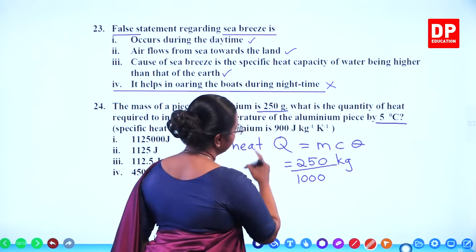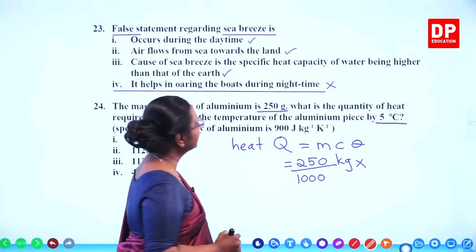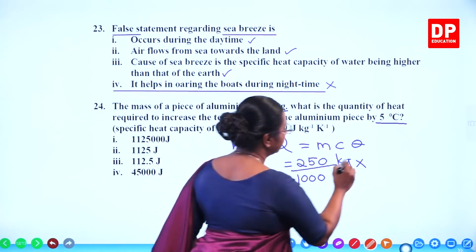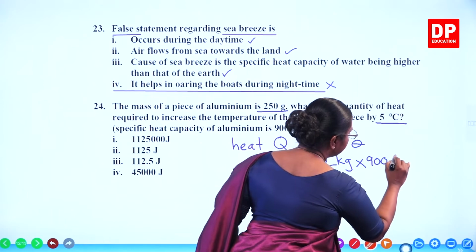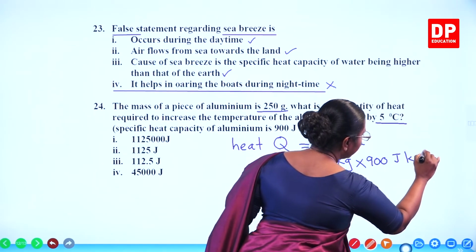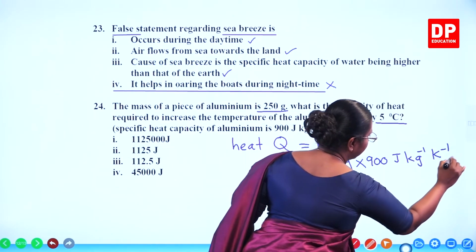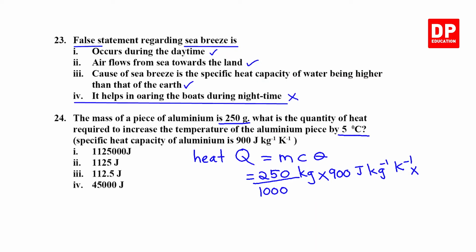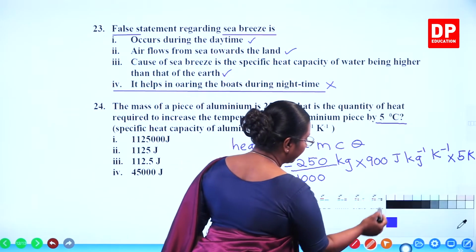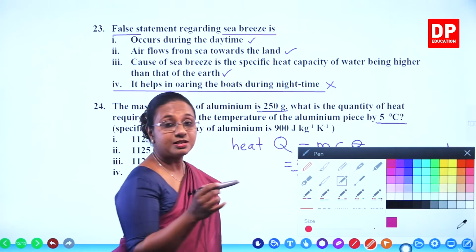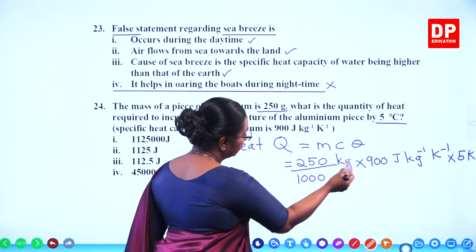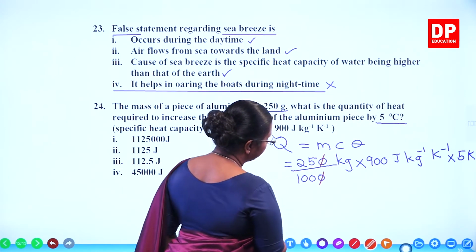So it becomes kilograms. Then what is c? The specific heat capacity, that is given to you as 900 joule per kilogram per Kelvin. And then the theta is 5 degrees Celsius, that is equal to 5 Kelvin. So we can simplify it easily. You can cancel off the units, as well as the values can be simplified.